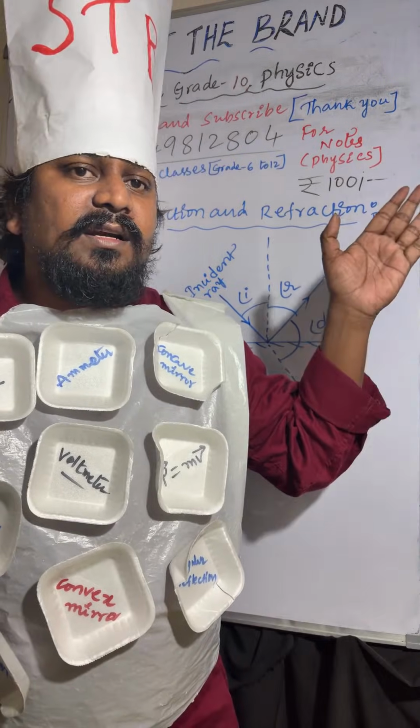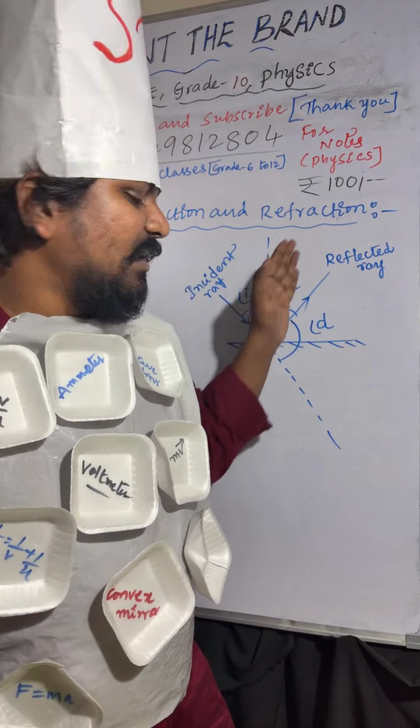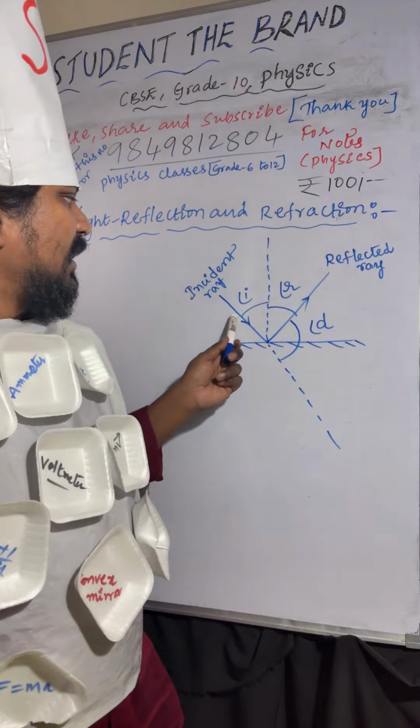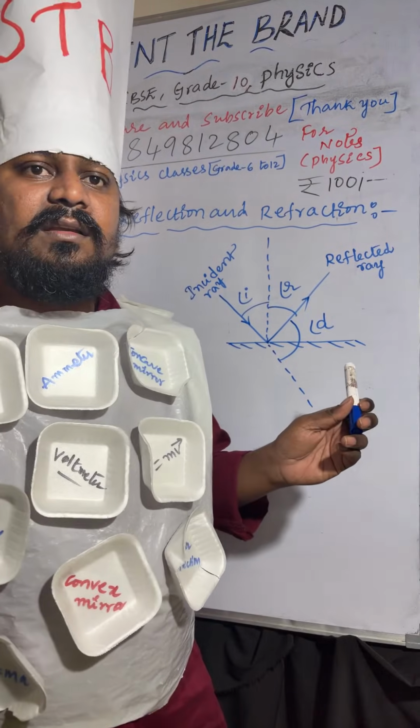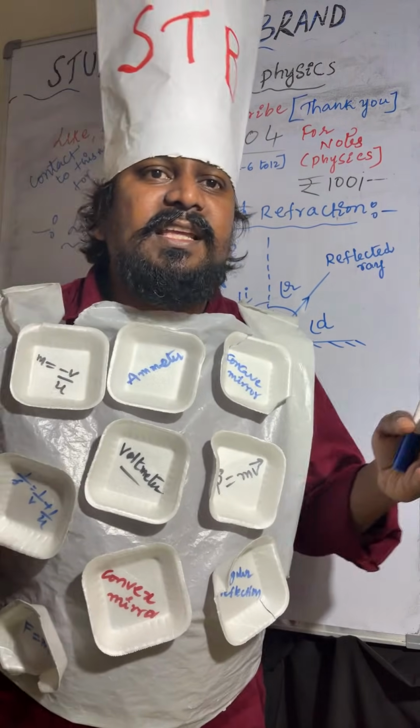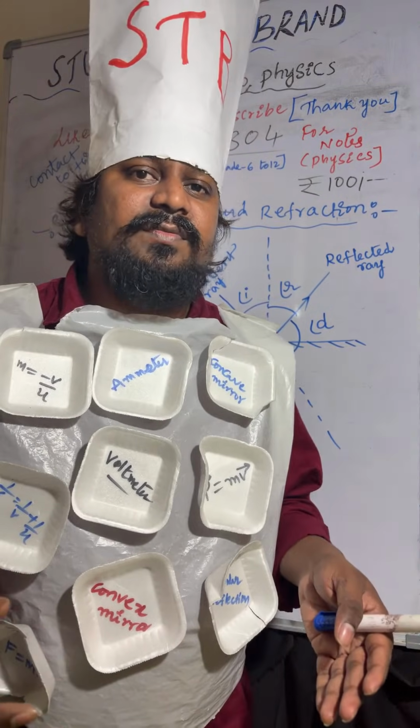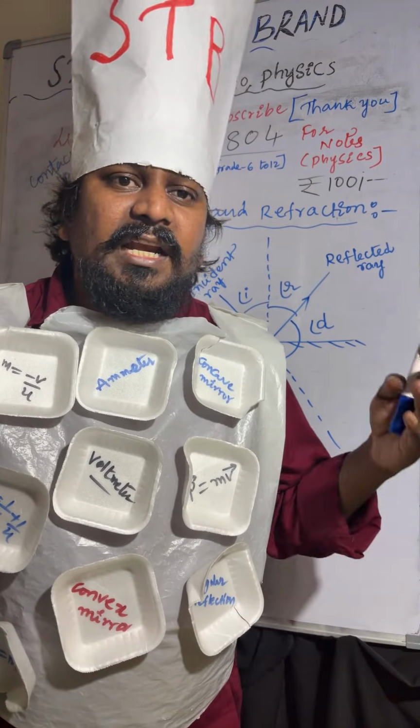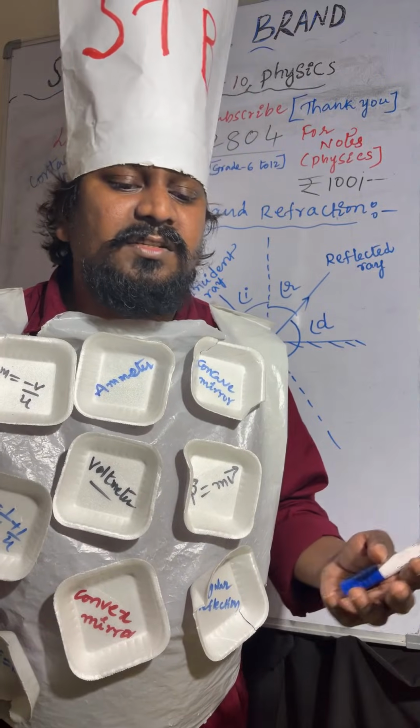Once again, incident ray, reflected ray, normal line. The bouncing back of light from the reflecting surface is called reflection of light.